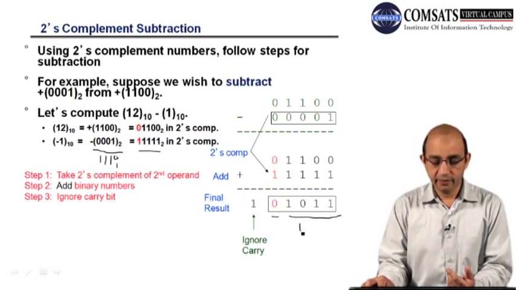So this is 11, and the sign is positive. So if we think in a decimal way, we will straight away come to know that 12 minus 1 is equal to 11, right?